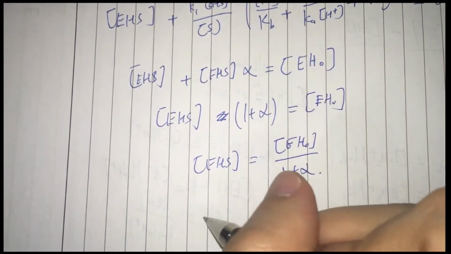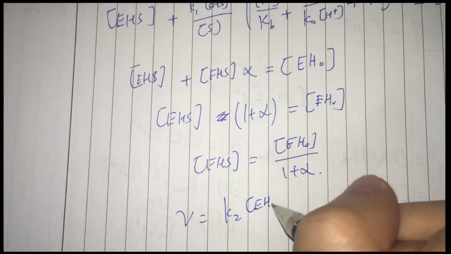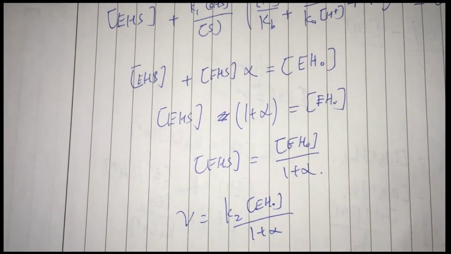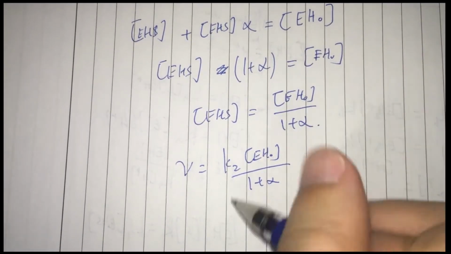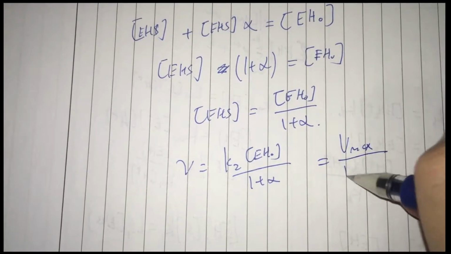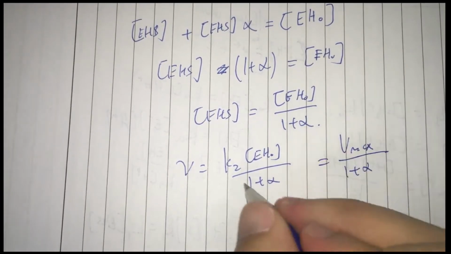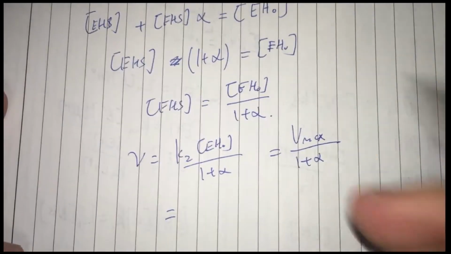And that's it. Very simple. Okay, EHS equals Vmax over 1 plus alpha. Now let's substitute alpha back in and see what happens.